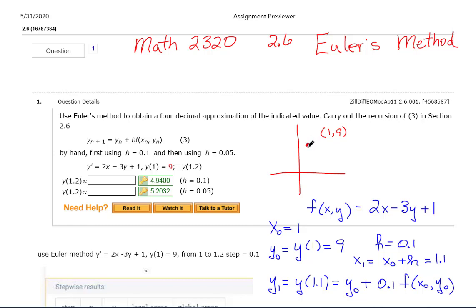Based on that initial condition and the flow field, our function which has the arrows that we saw in previous sections around the plane here, Euler's method will allow us to step based on a step size starting at our initial condition to another point, and then we'll step to another point and then step again depending upon the step size.